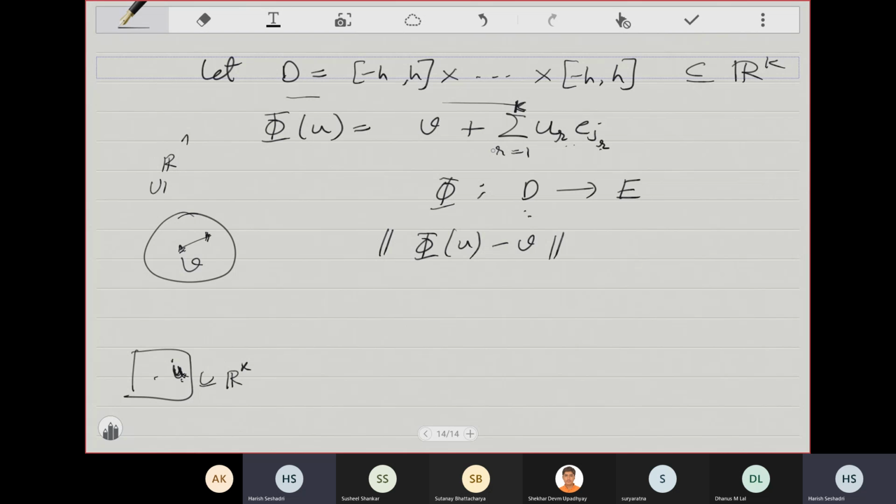So if I subtract V, the norm is less than or equal to the norm of U, which is less than h.